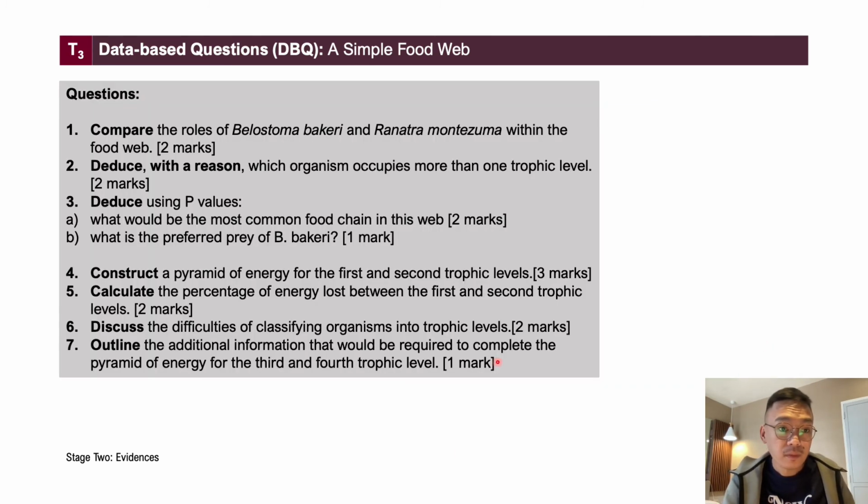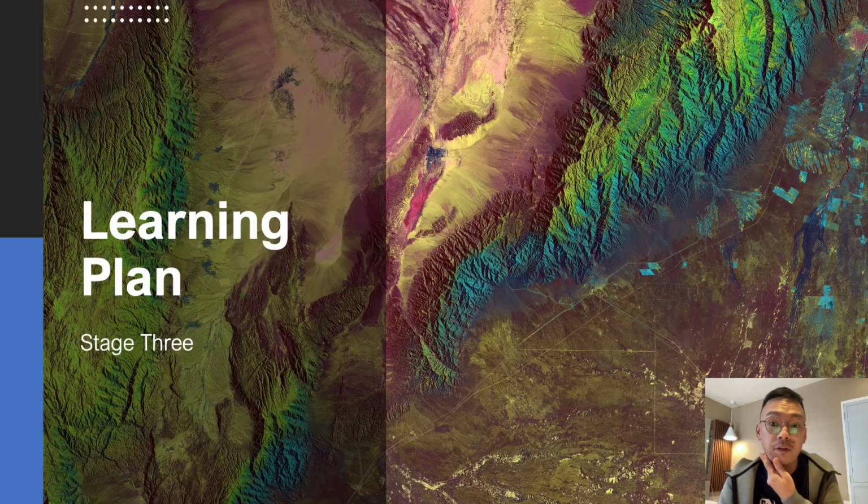So the questions coming from those DBQ would look like this: compare, deduce the reason, deduce the p-values, construct, calculate, and they are meaningful for our students because they assess higher order thinking skills.